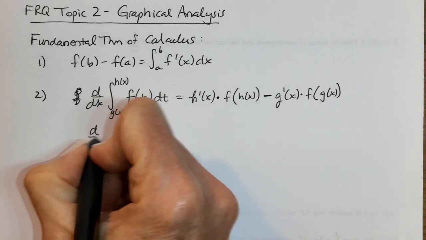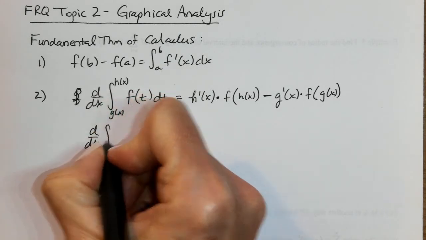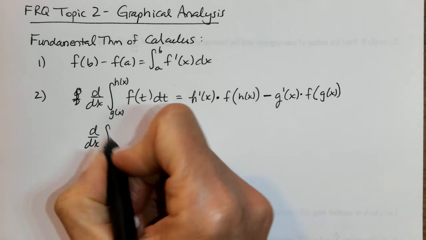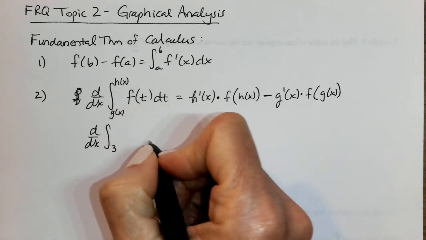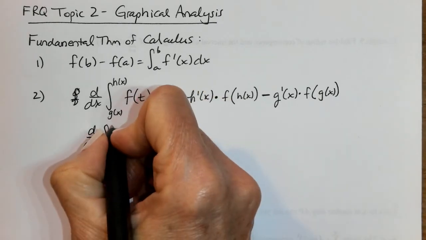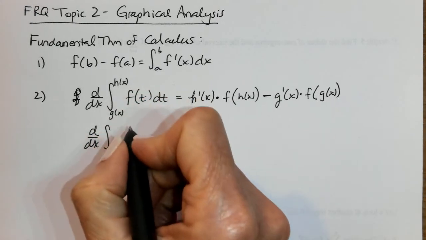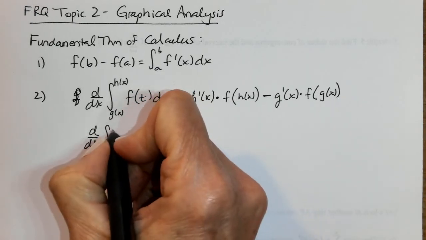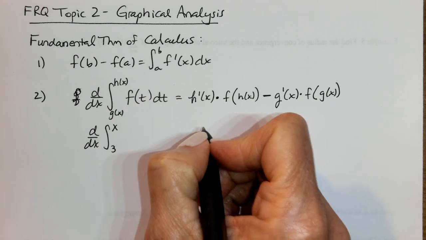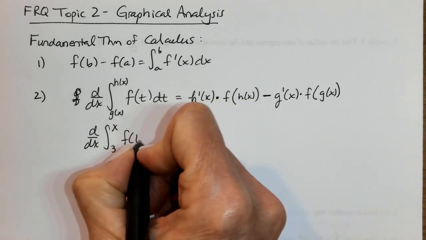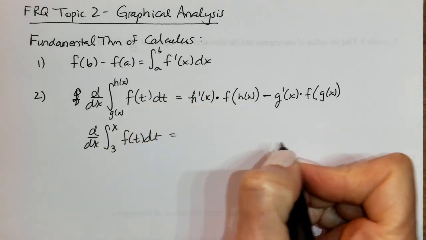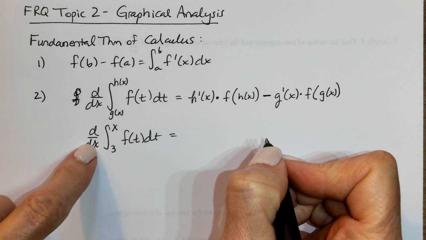We often see one of these boundaries be a constant, maybe a 3, whatever, some constant. And then this upper boundary, a lot of times we see it just to be an x. So if you have that, we begin at the top. We're taking the derivative of an integral.